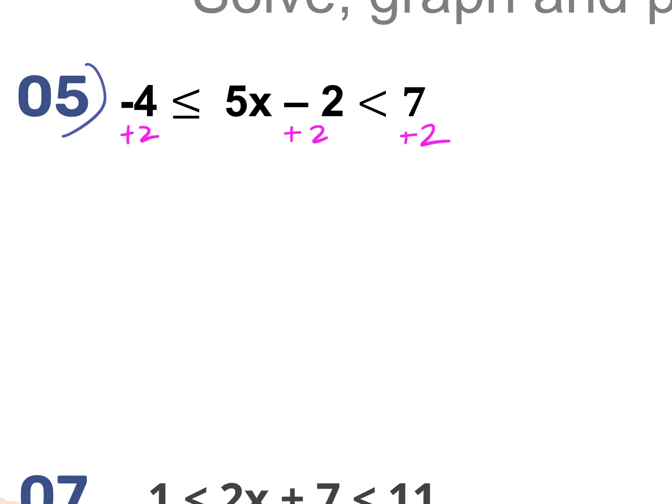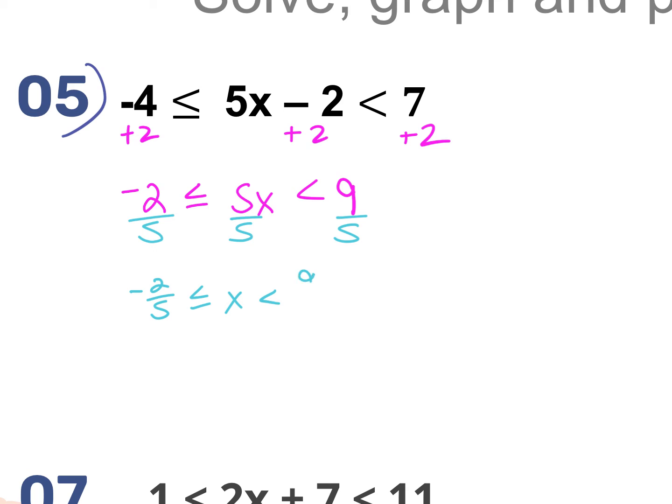Again, whatever you do to the middle, you've got to do to both sides. So I end up with negative 2 is less than or equal to 5x, which is less than 9. Divide everything by 5. And I get negative 2/5 is less than or equal to x, which is less than 9/5.